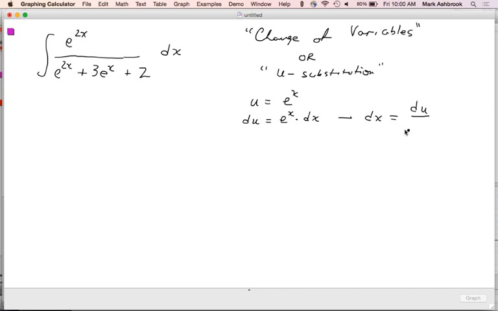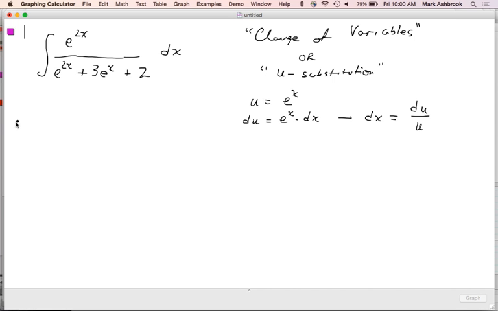But what's e to the x? It's u. So dx is du over u. See what happened? I was just solving for dx. But we need dx entirely in terms of u, because we're going to change the variable. We want no more x's, only u's. So if it's du over e to the x, well, e to the x is just u. So it's du over u.